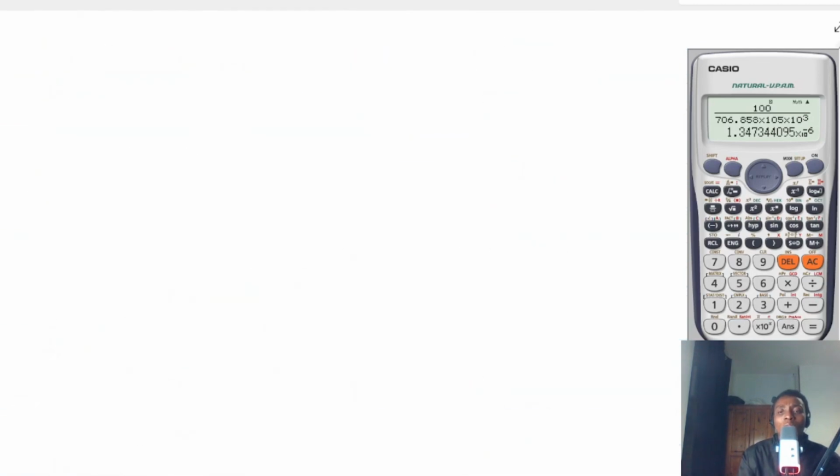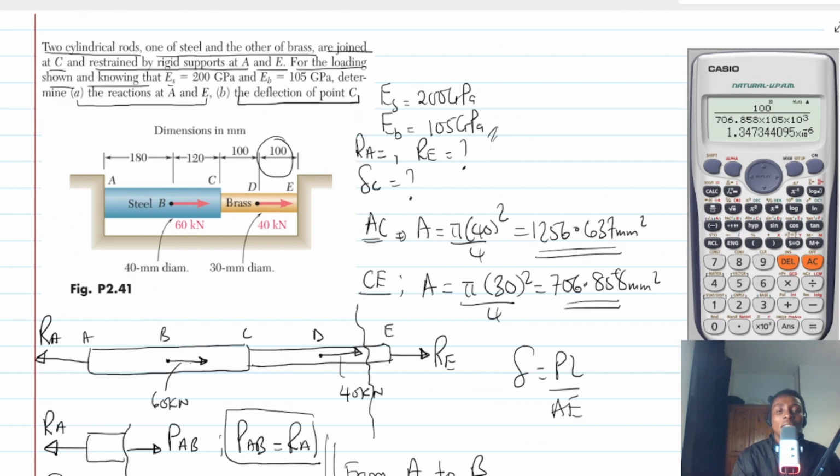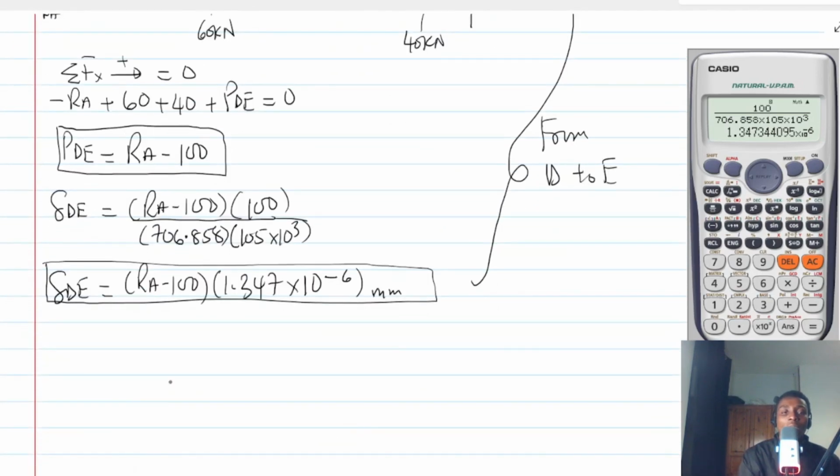We have done quite a lot, but why are we doing all these things? We are doing all this because once we know the deflection, we can just use it to solve. Now, in fact, we are done. What is the deflection from A to E? The deflection from A to E will be AB plus BC plus CD plus DE.